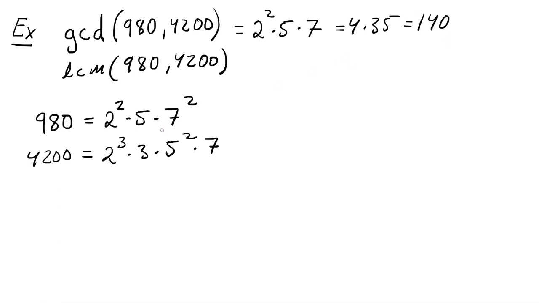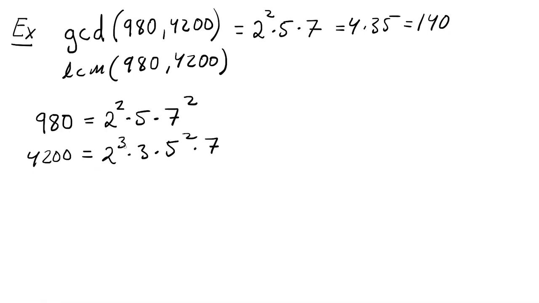So 140 is a common divisor for both. So that is the greatest common divisor we have. I can't find a larger one. For example, if I want a number larger than 140 and include another 2, then I get 280.